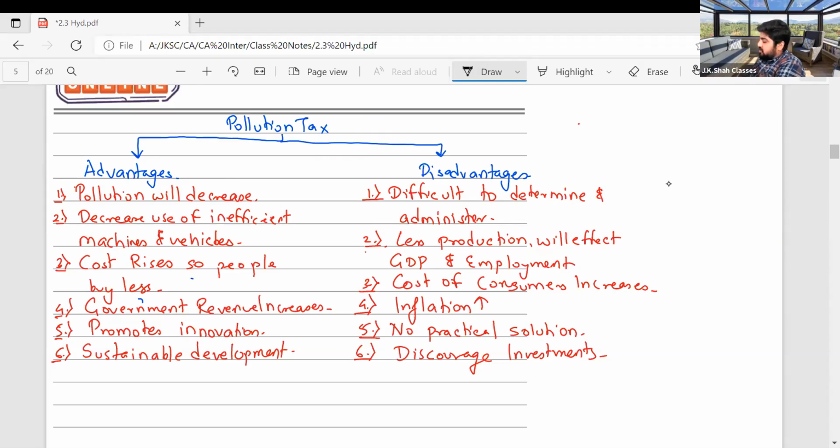Cost of consumer increases means now because of taxes, customer will have to pay higher amount, so they buy less. Fourth point in advantages, government revenue increases. No, Someshwar, not required.